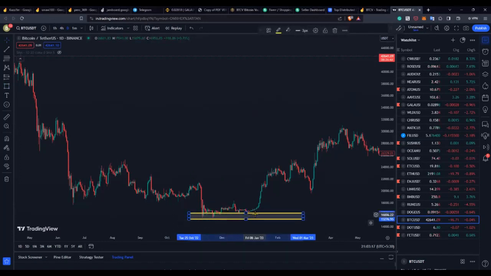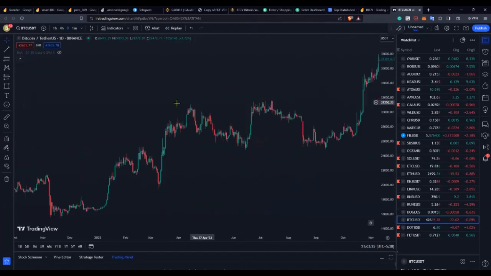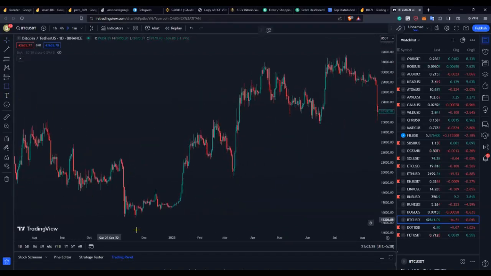We always draw support and resistance like a zone. It's not just a line, it's a zone. But on the other hand, support and resistance is only useful for this kind of horizontal level. That's it. But what if the market makes support throughout, let's say something like this?